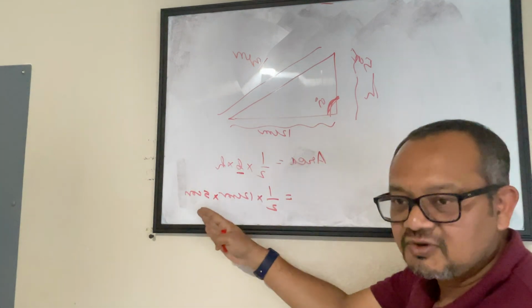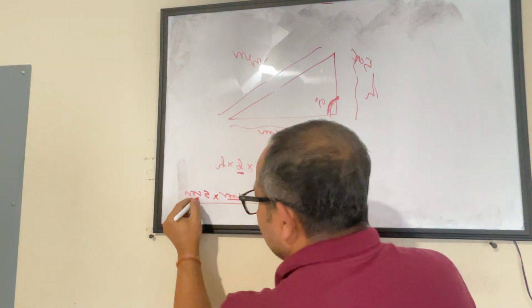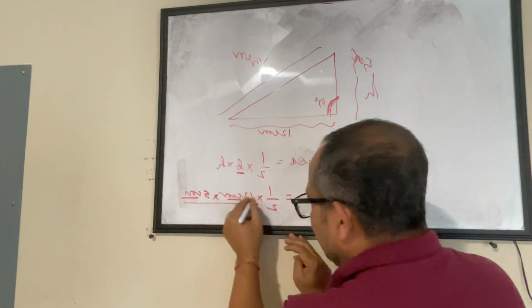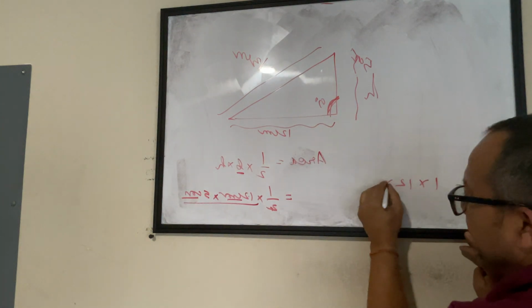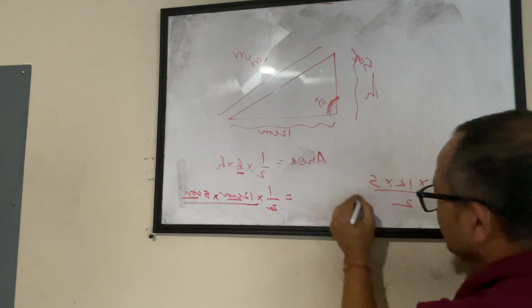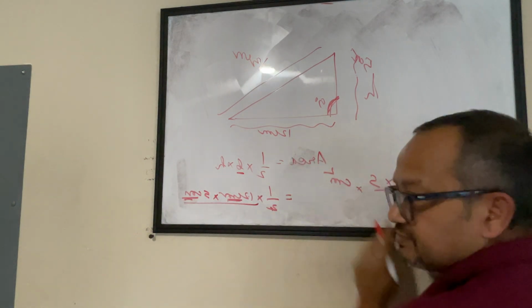I will multiply centimeter and centimeter together and take care of the numbers separately. So it becomes half into 12 into 5, and centimeter into centimeter becomes centimeter square.